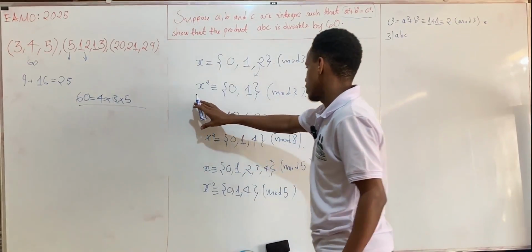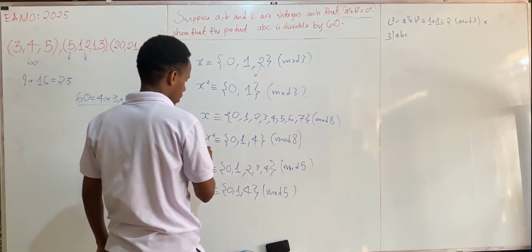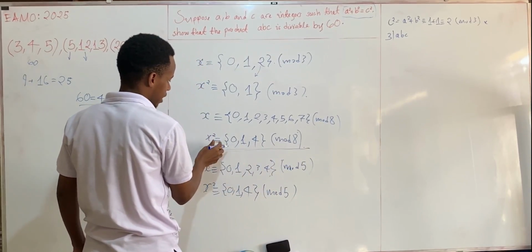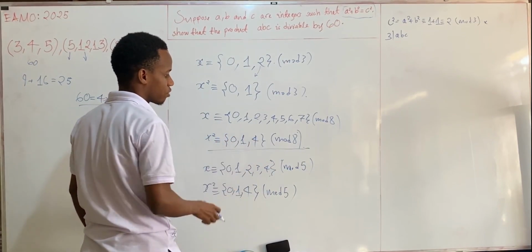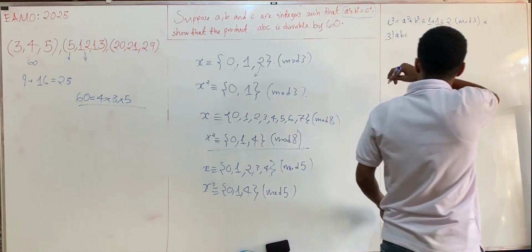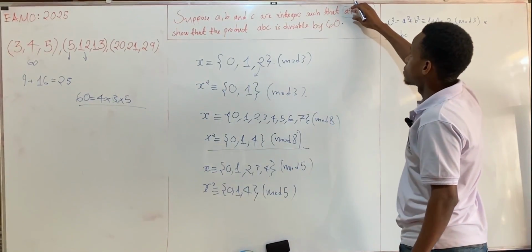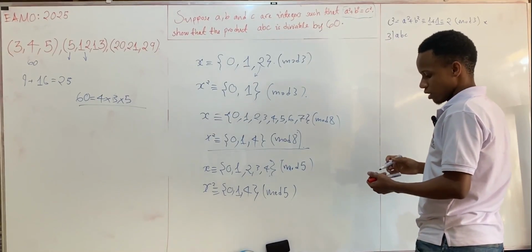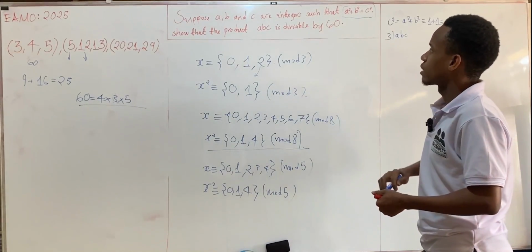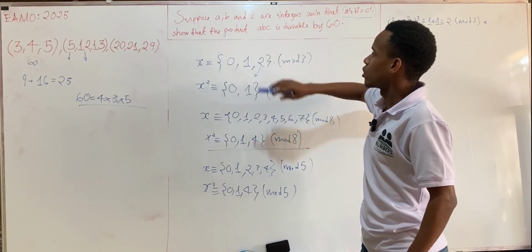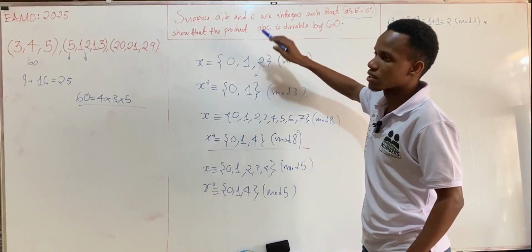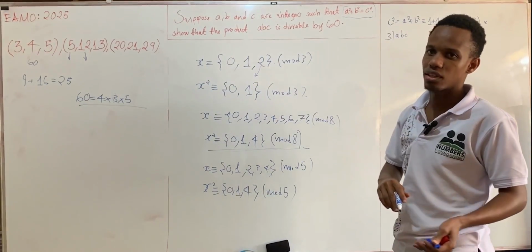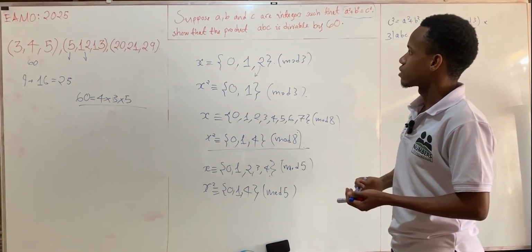And so for the case of 8, we have that perfect squares are congruent to 0, 1, or 4 modulo 8. So in this case, if two of the numbers, maybe a and b, are both even, then we know for sure that the product will be a multiple of 4, and there is not much work to do.